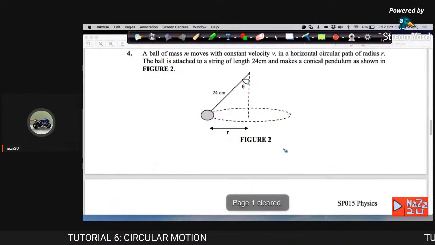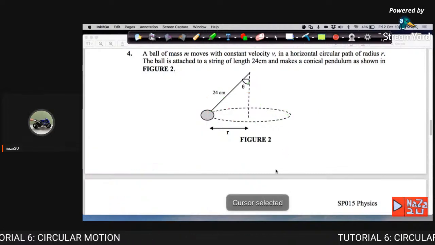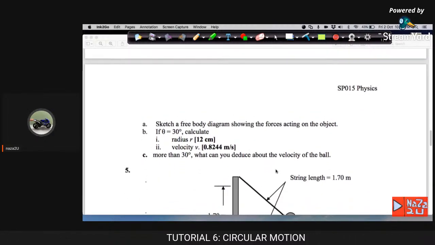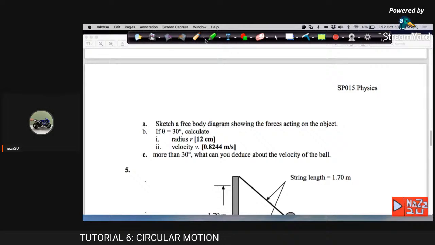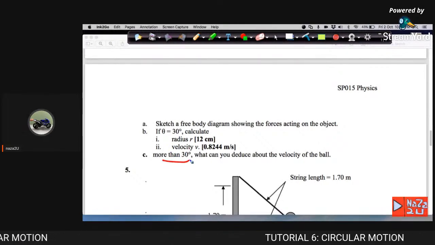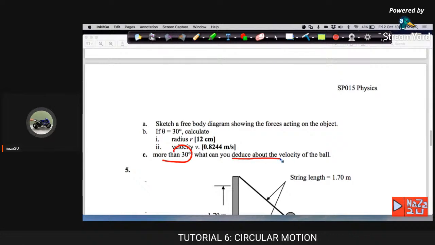Okay, so continue to the next question, number 5C. The 5C here asks, if the angle is more than 30, what can you deduce about the velocity?